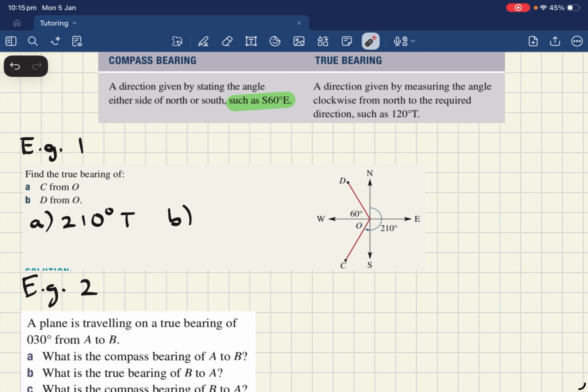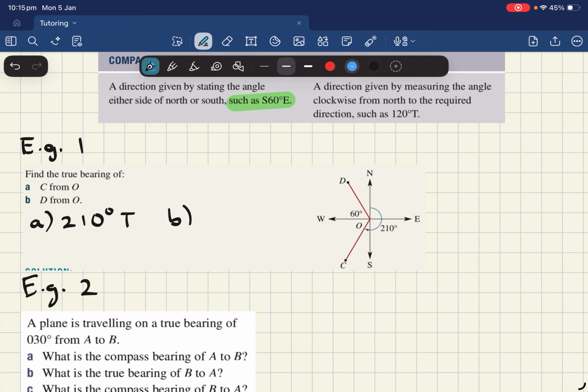So the entire bearing we're looking for is this angle all the way to D. So 90 plus 90 plus 90 gives you 270, plus 60 degrees gives you 330 degrees. So we are measuring always from north, and we just draw it all the way around until we hit that imaginary line that joins D to O here.